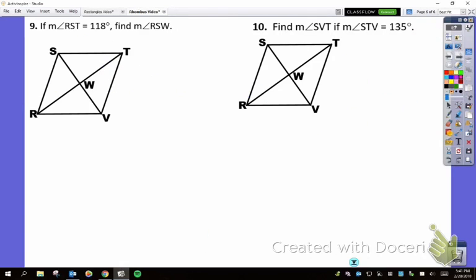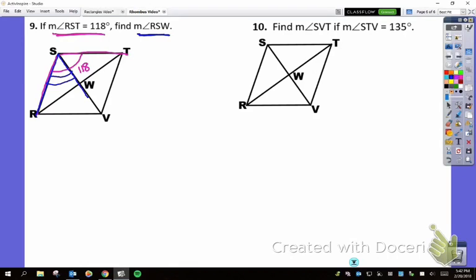Our last two problems are also talking about angles. We just switch it up here a little bit. If the measure of angle RST, this whole angle, is 118, find the measure of angle RSW. So here's RSW, which means we're trying to find this angle.